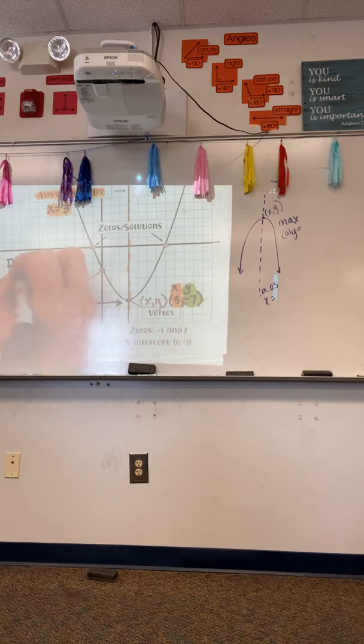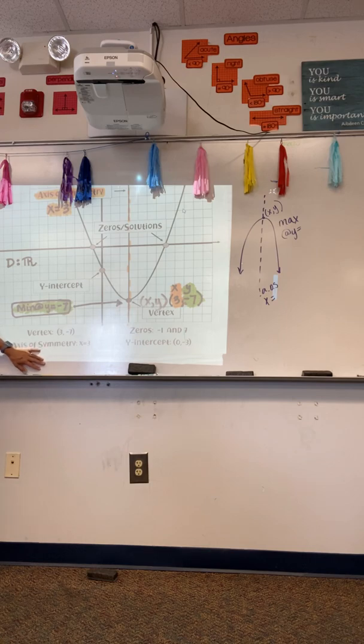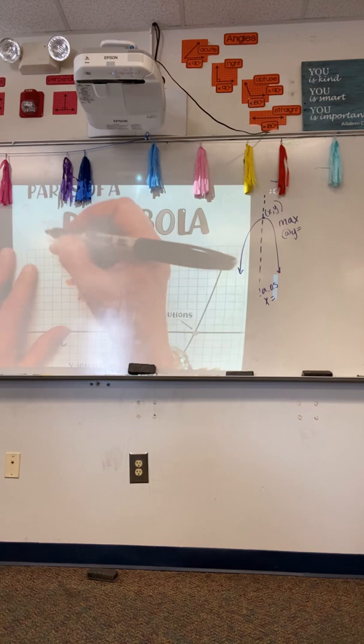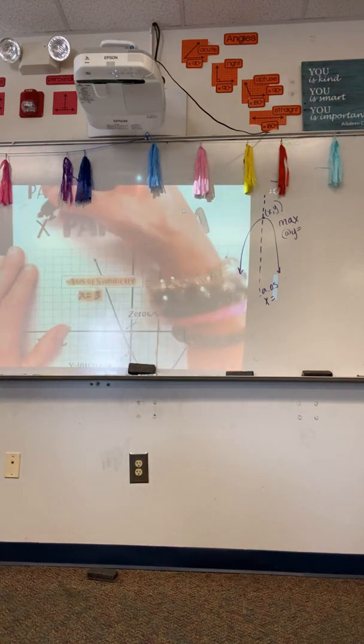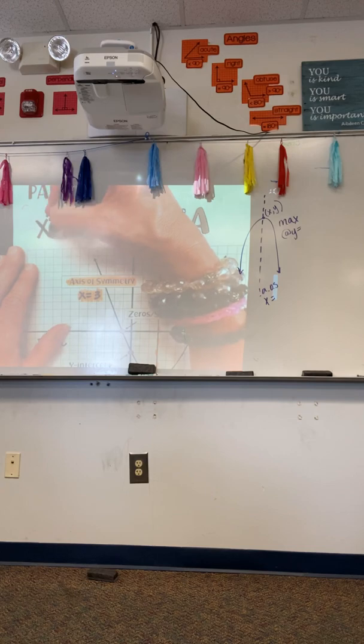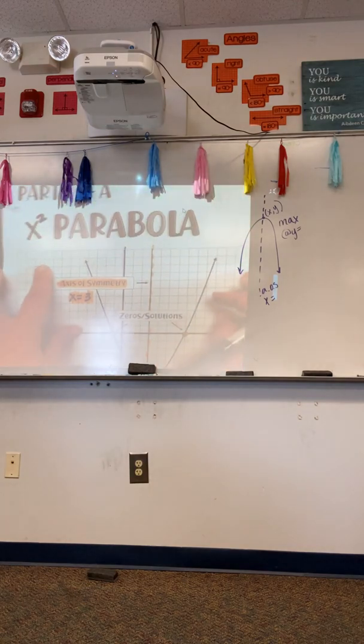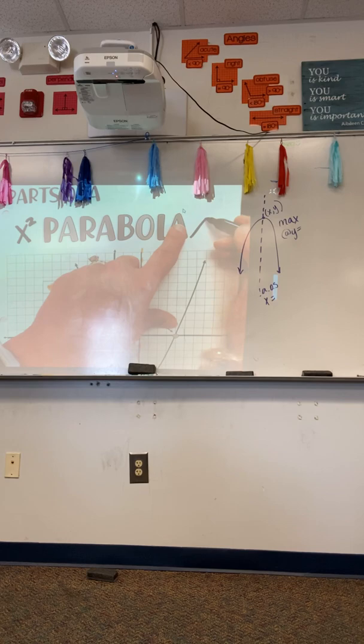All real numbers all the time. So if it's a quadratic, if it's an X squared, okay, then it is all real numbers. And up here we can put next to the word parabola, this is for X squared. Parabolas are X squared. Lines are X's. Parabolas are X squareds.